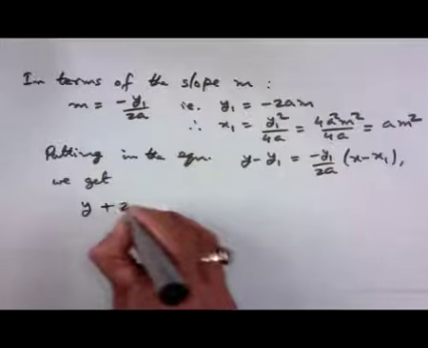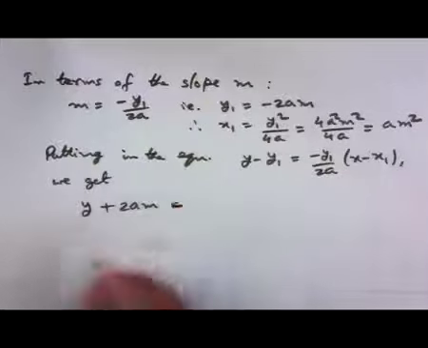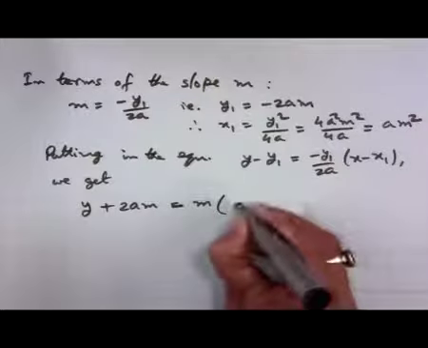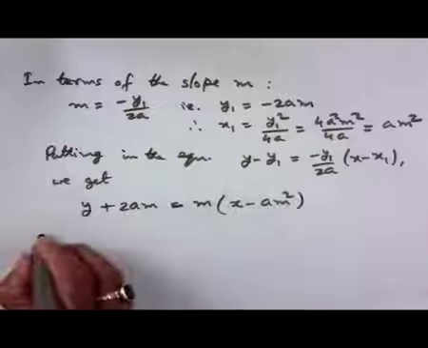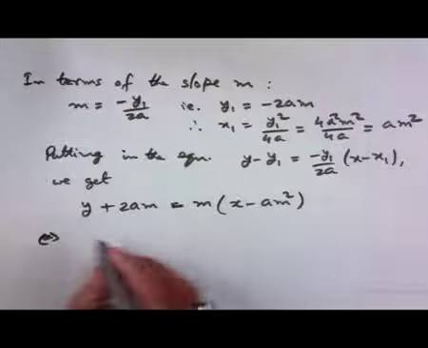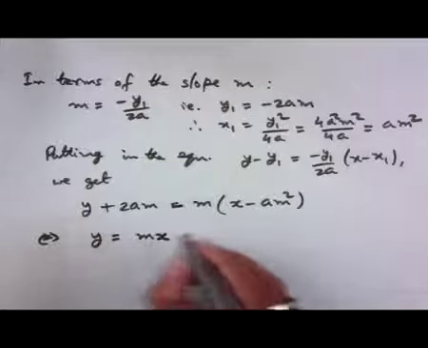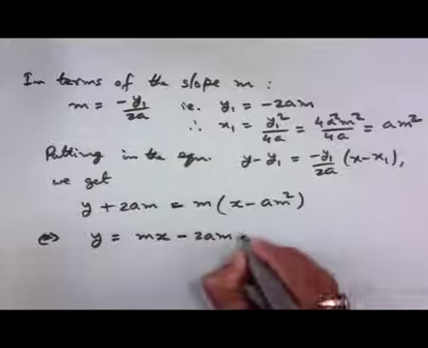So, y plus 2 a m equal to m times x minus x 1. So, x minus a m square, which is same thing as writing y equal to m x minus 2 a m minus a m cube.